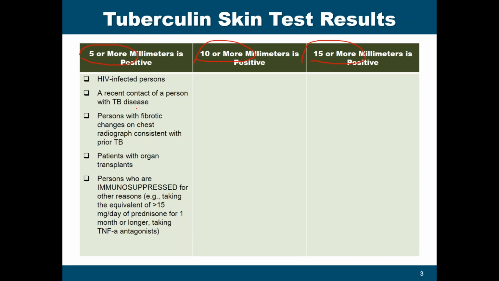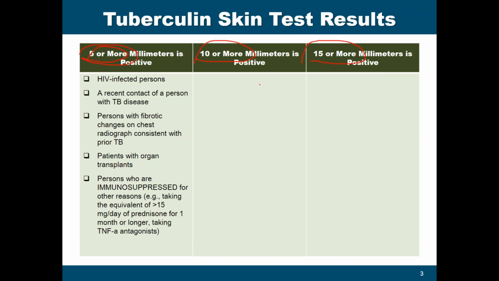So you will notice that we have a lower threshold for patients who have problems with immunity. In this column, 5 or more millimeters is already considered positive for a person with HIV. That's really something very important for you to remember when you're taking the NCLEX, and also remember that patients with organ transplants are high risk for tuberculosis. That's why 5 or more millimeters for them is already positive.